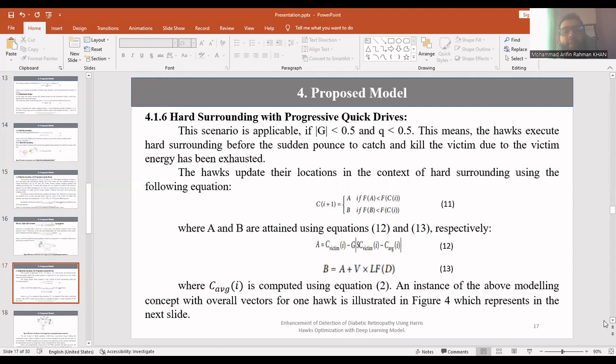The hawks update their locations in the context of hard surrounding using equation 11, where capital A and B are attained using equations 12 and 13 respectively, where C_average(I) is computed using equation 2. An instance of the above modeling concept with overall vectors for one hawk is illustrated in figure 4, which is in the next slide.